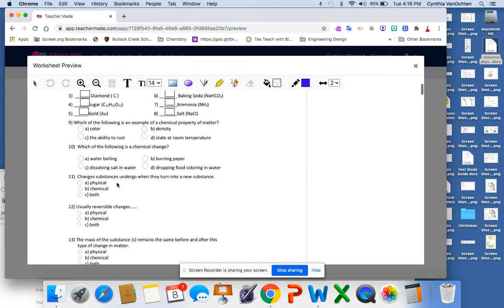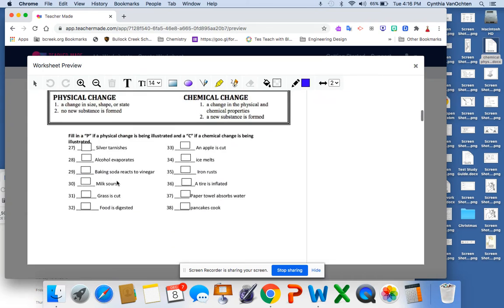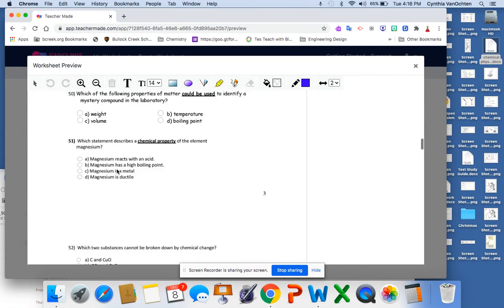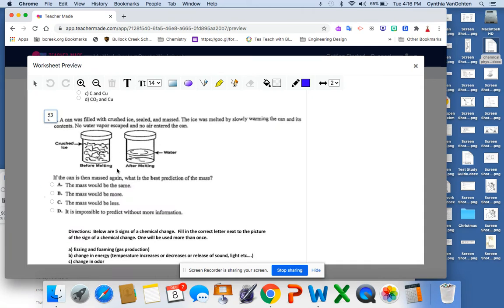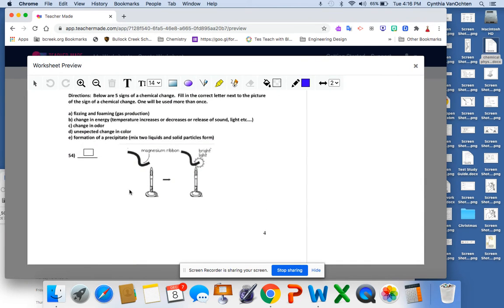We have questions about physical and chemical properties, physical and chemical changes, okay? And then getting into a little bit of conservation of mass, signs of a chemical change. Remember your 5 signs. So in this section of the study guide, you have to just match the letter with what's being illustrated.